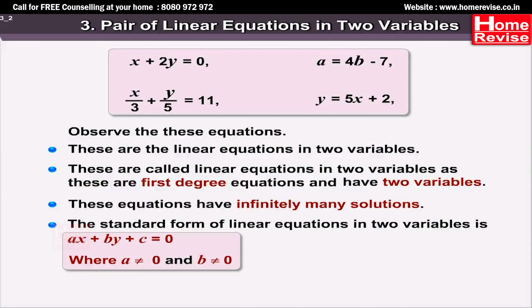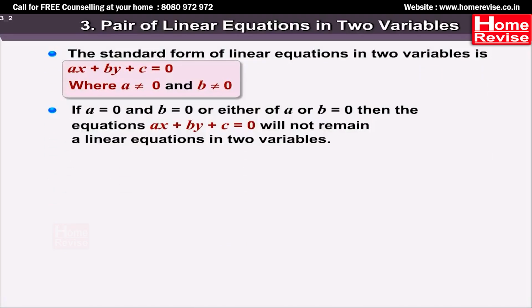As if a is equal to 0 and b is also equal to 0, or either of a or b is equal to 0, then the equation ax plus by plus c is equal to 0 will not remain a linear equation in two variables.